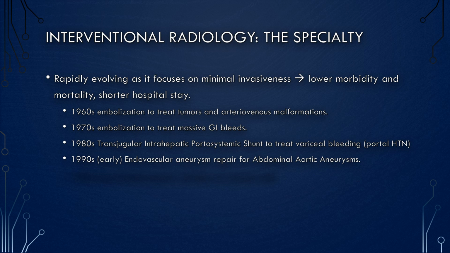Endovascular aneurysm repair for abdominal aortic aneurysms, and radiofrequency ablation of varicose veins in the 1990s. Dates are not important, of course, for exam purposes. However, it just provides an idea about the advancement of the specialty.